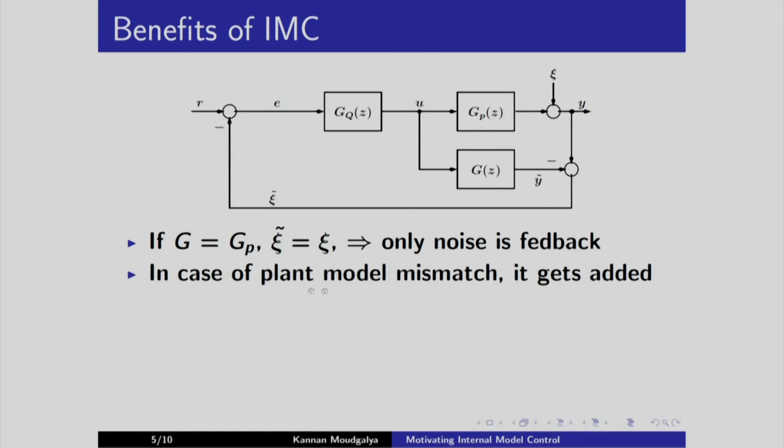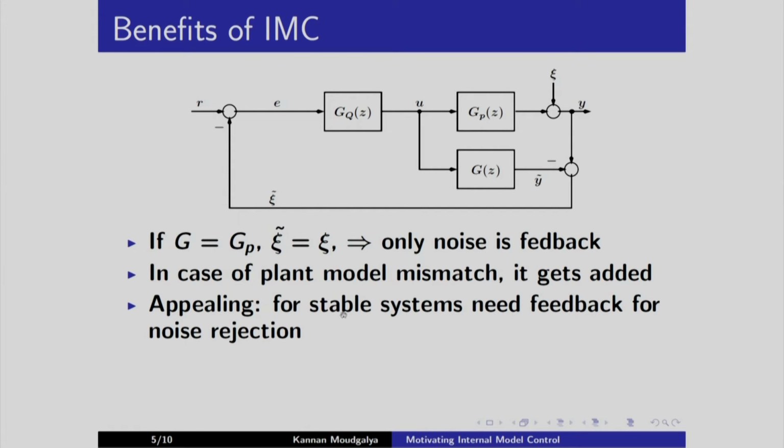In case of plant model mismatch, suppose GP is not equal to G, then that difference gets added to this C tilde. It is appealing because for stable systems we need feedback for noise rejection and plant model mismatch only.